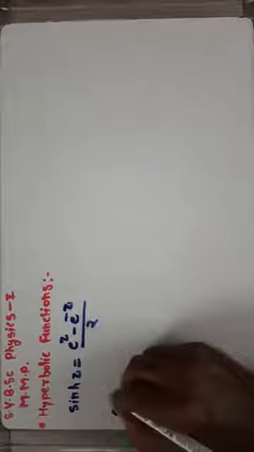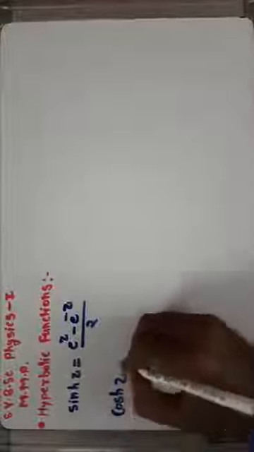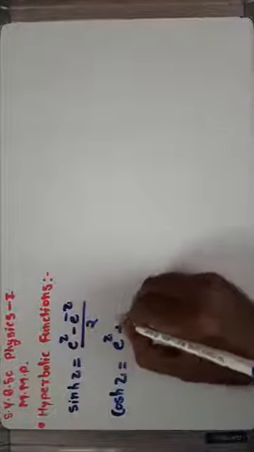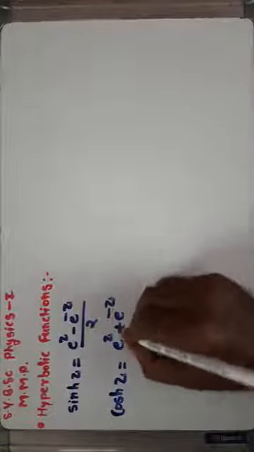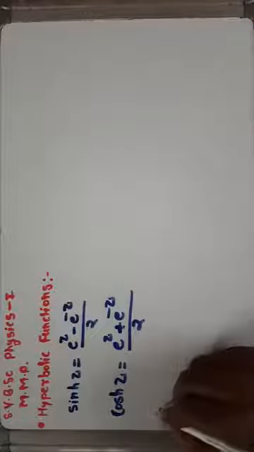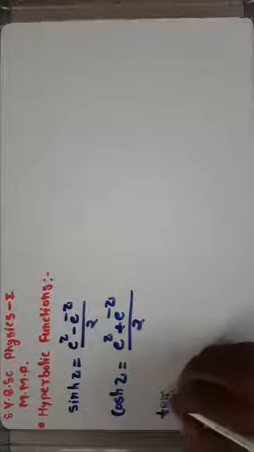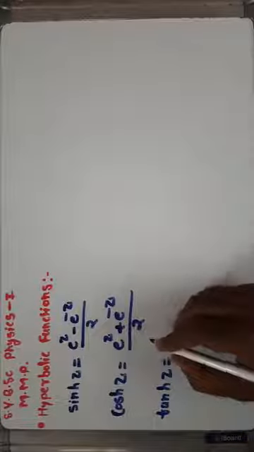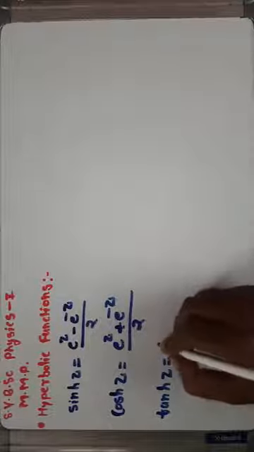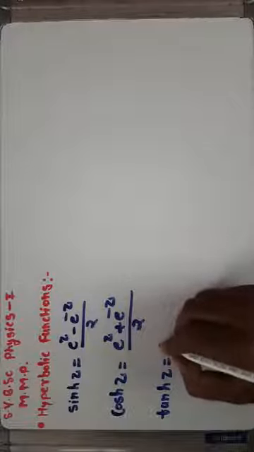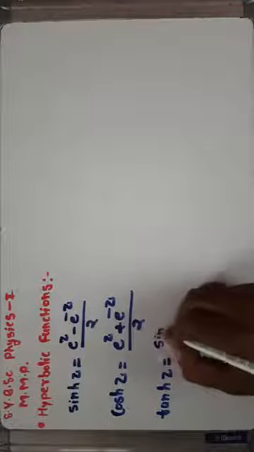Cosh z is equal to e raised to z plus e raised to minus z divided by 2. Tanh z is equal to sinh z divided by cosh z.